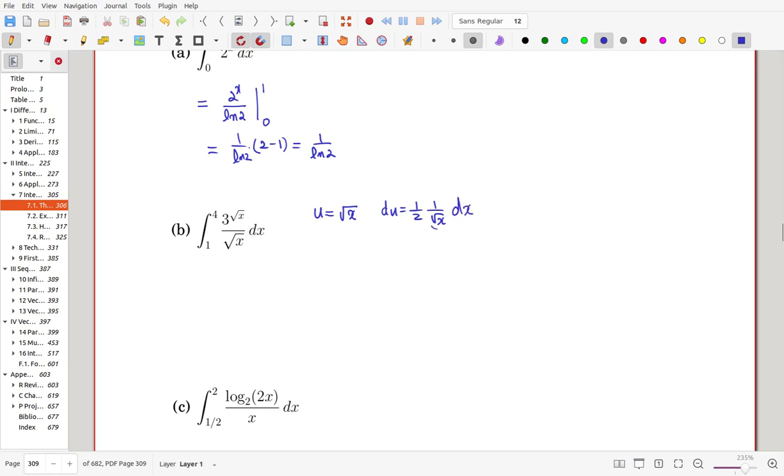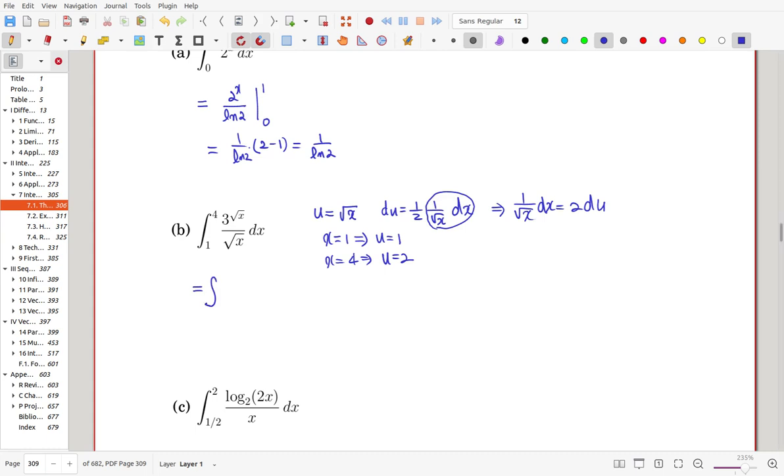So 1 over square root of x dx is the same as 2 du, right? And once x is 1, the lower bound, then u must be 1. Once x equals 4, then u must be 2.